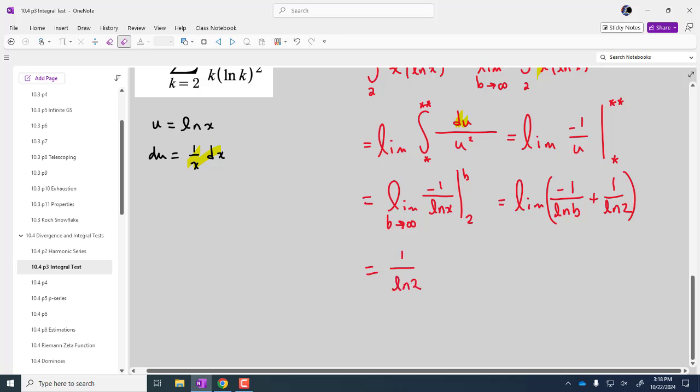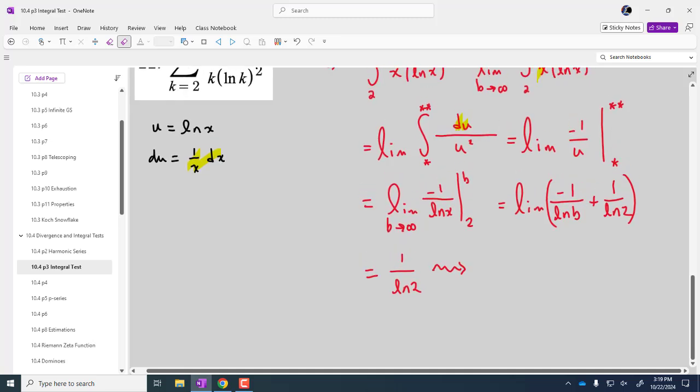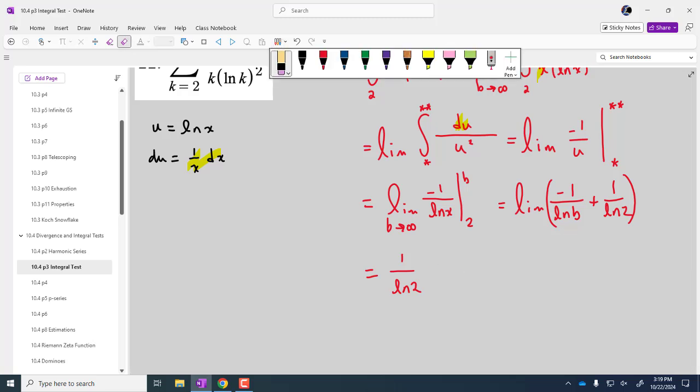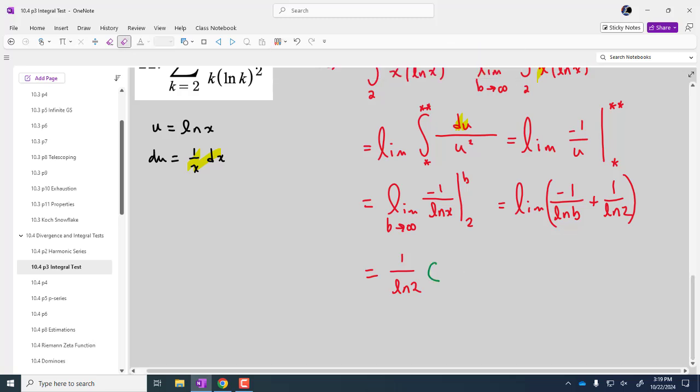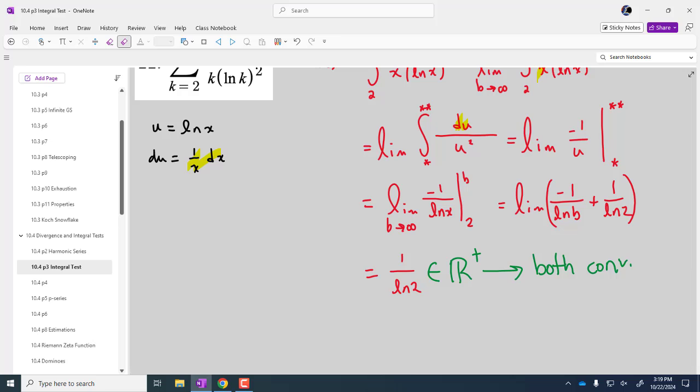This is a positive real number, so this implies, and you don't have to write it, but if you want to be complete, you can say this is a positive real, therefore both converge. And by both, we mean the improper integral and the infinite series. Both are going to converge.